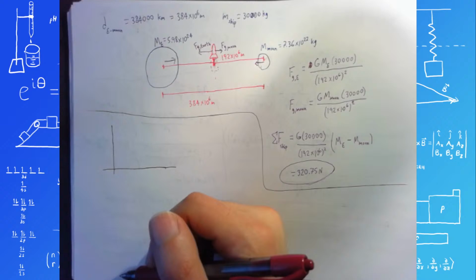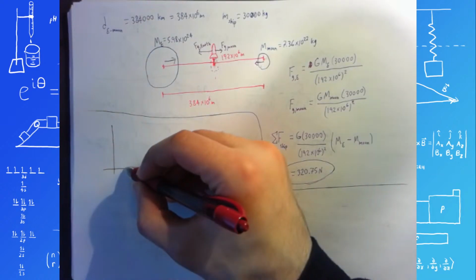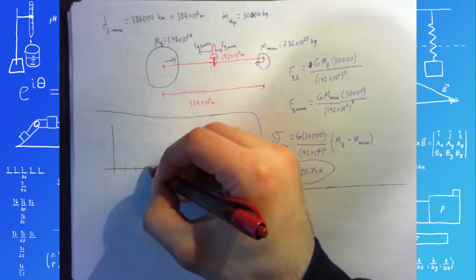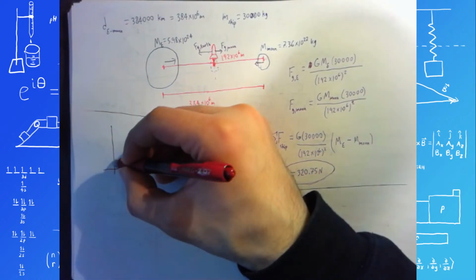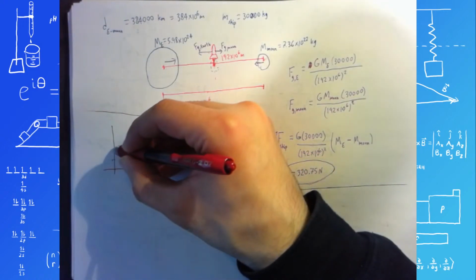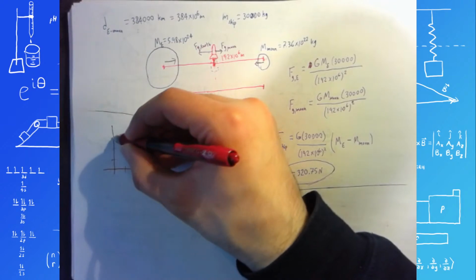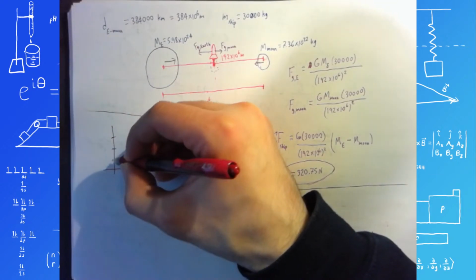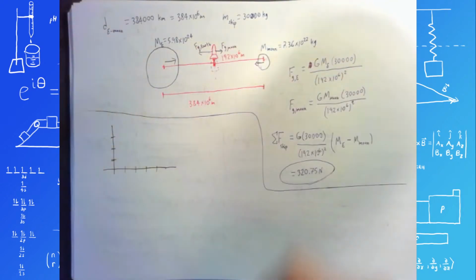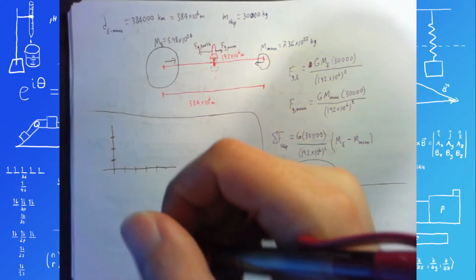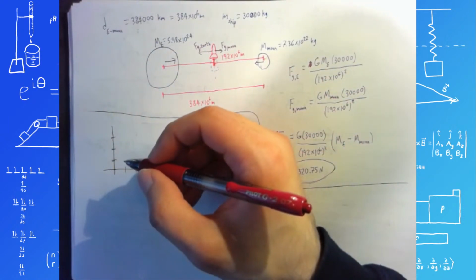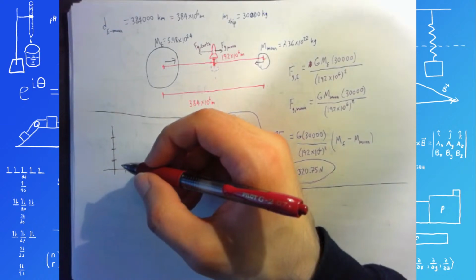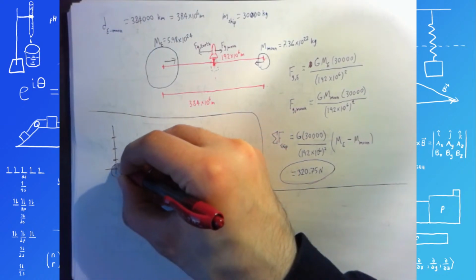So we have 1, 2, 3, 4, and 1, 2, 3. We don't even need to go that high. I guess I'll mark a 5 here. So we have a 2 kilogram object at the origin.